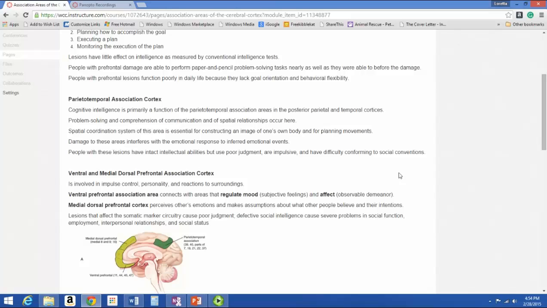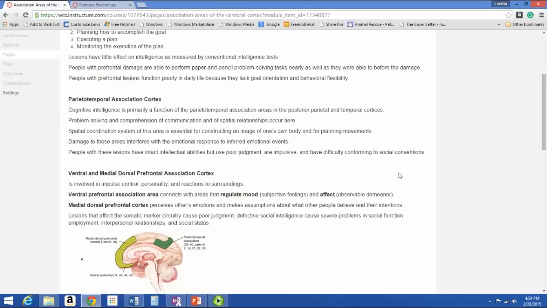So the spatial coordination system of the parieto-temporal association cortex is essential for constructing an image of one's own body and planning movements. Damage to these areas also interferes with emotional responses, so it interferes with emotional response to inferred emotional events.